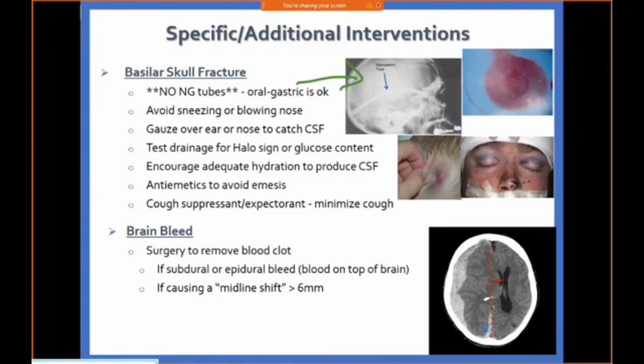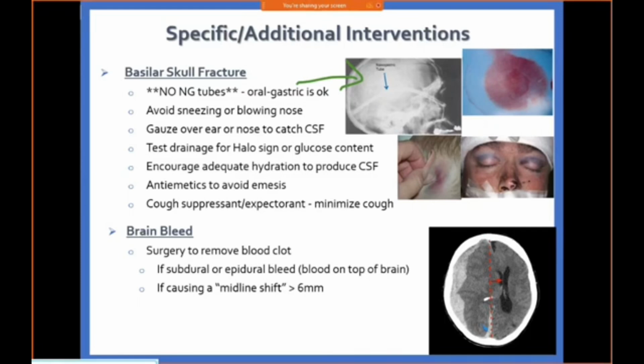So try to quantify your CSF drainage, maybe a gauze every 4 hours or something like that, so that you have an idea of how much CSF is being drained to see if it needs an intervention. And again, we don't want anything that's going to increase our intracranial pressure.